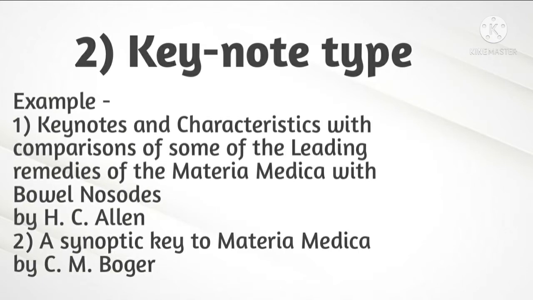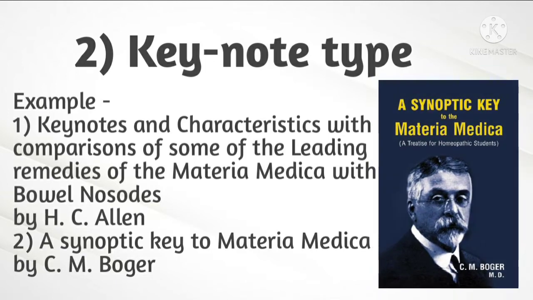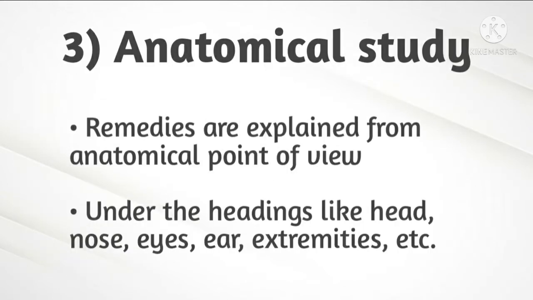Examples of the books that include keynote type of study are Keynotes and Characteristics with Comparisons of Some of the Leading Remedies of the Materia Medica with Bowel Nosodes by H.C. Allen, A Synoptic Key to the Materia Medica by C.M. Boger.